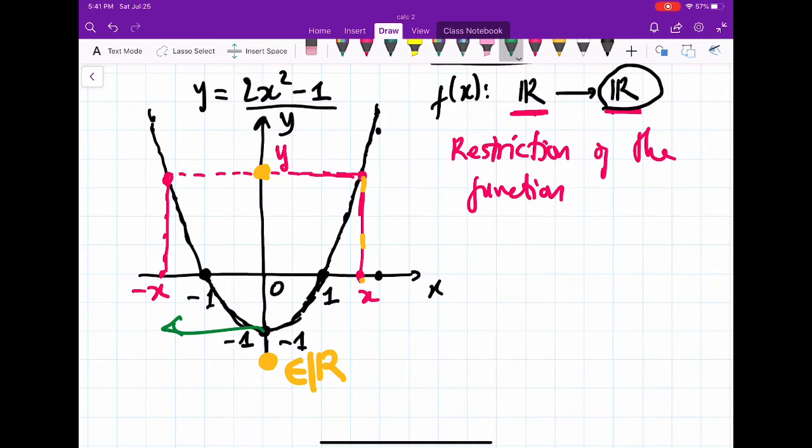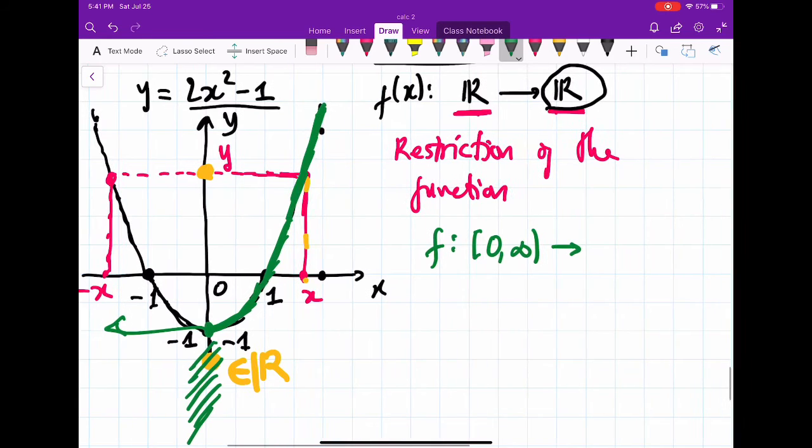I just consider half of the parabola here. But that is not all. I need to avoid this interval. So I will consider the function f from R plus, or let's say from 0 to infinity, to -1 to infinity.